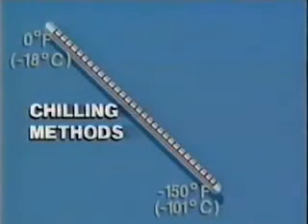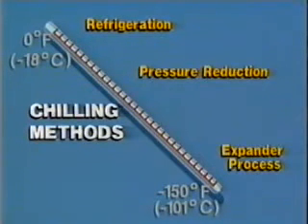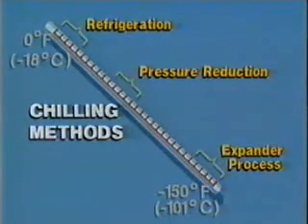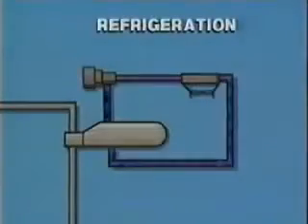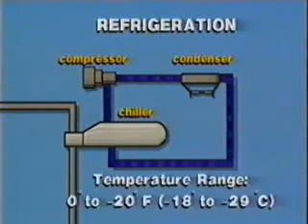Now, there are three methods to chill natural gas: refrigeration, pressure reduction, and expansion. Each method operates in a specific temperature range. In refrigeration, an external refrigeration system using either propane or freon chills the gas stream. The temperature range for refrigeration is 0 degrees to minus 20 degrees Fahrenheit.